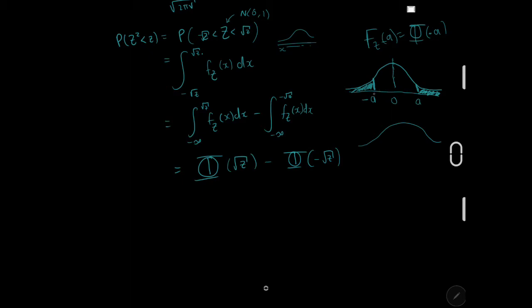So for instance, if we want phi of negative A, that's the same thing as taking 1 and subtracting the probability of being greater than negative A. That's the same principle, and in the same vein, we can do the same thing here with negative square root of z.